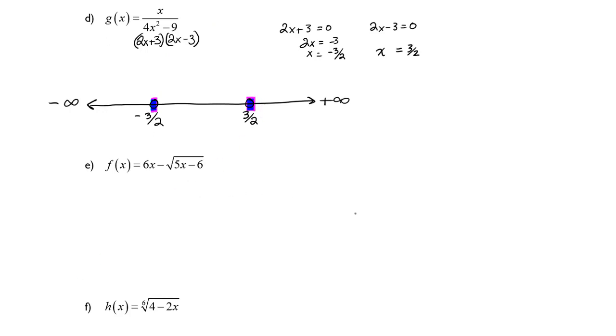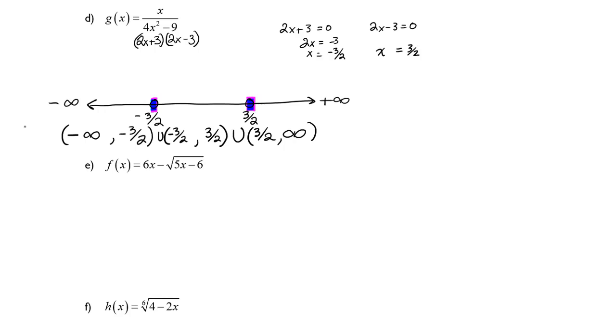They're infinitely small, but for the purposes of visualization, I've drawn them to be these giant open dots on the number line. So we're going to write open parenthesis, negative infinity to negative 3 halves, close parenthesis, union, negative 3 halves to positive 3 halves, union, 3 halves to infinity.